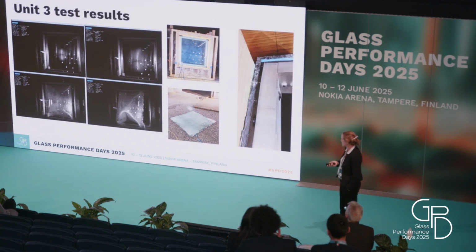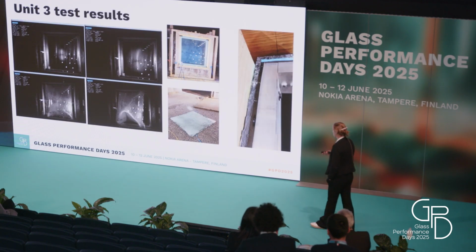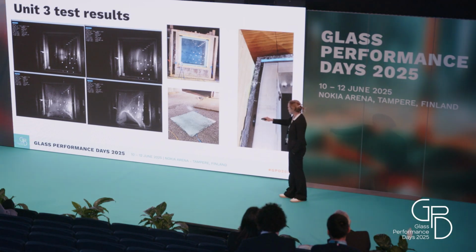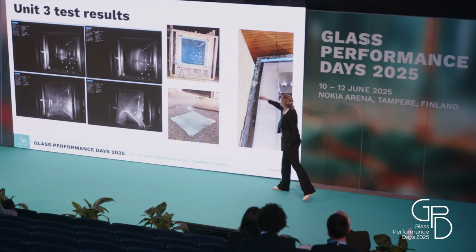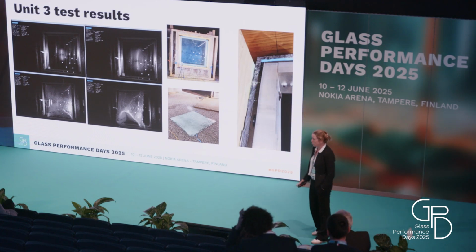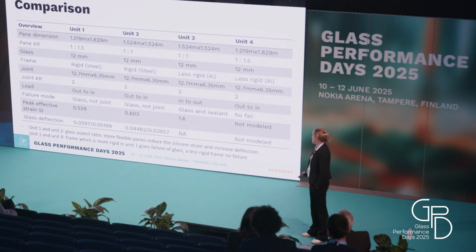So the pane was nicely blown out, and we see here it's a few feet, a meter, in front of the test facility, and we see here how the silicone has been completely disrupted. We tested the fourth unit, but unfortunately, nothing happened. We didn't even model this one. And here you have a little comparison.